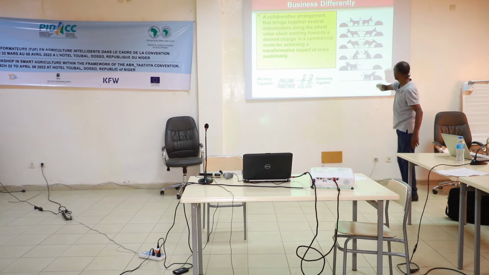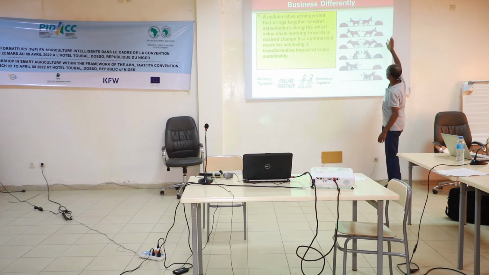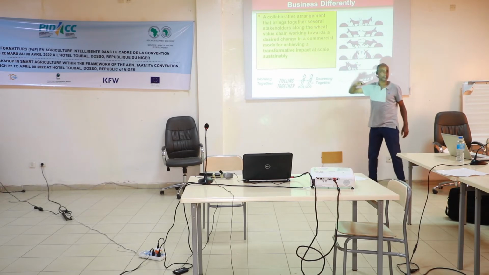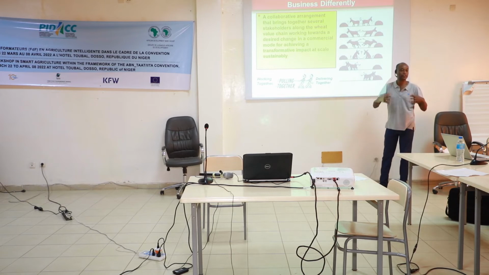If you see today, policymakers go this way, farmers go this way, there is no alignment. We are not working for a goal that we want to change agriculture in Africa.